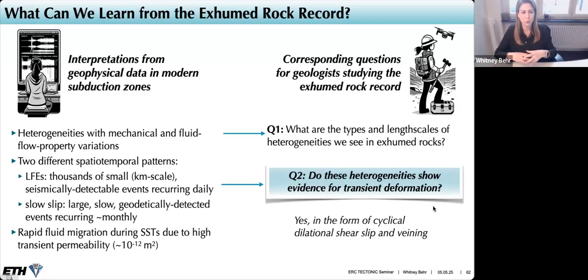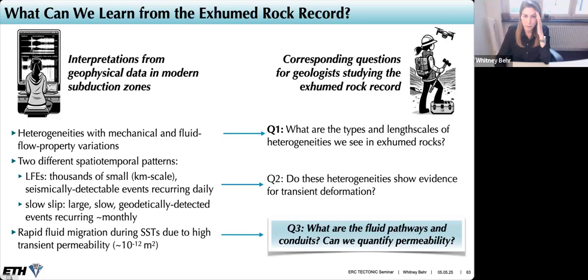So although we can't trace a single surface for the kilometric length scale of a slow slip event, we do see a lot of evidence for transient brittle deformation embedded or encoded in even these dominantly ductile rocks. And it's prominently in the form of cyclical dilational shear slip and veining. And others who have studied these kinds of outcrops, like Aki Fagereng, I saw he gave a talk a few weeks ago in this session, and have observed very similar features.